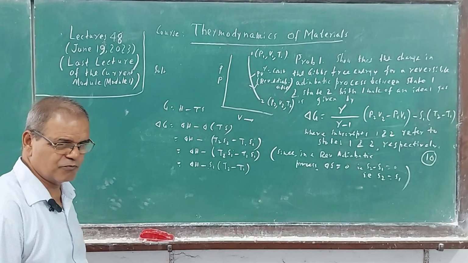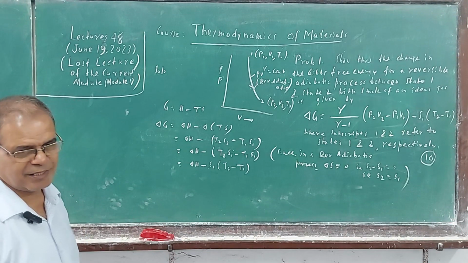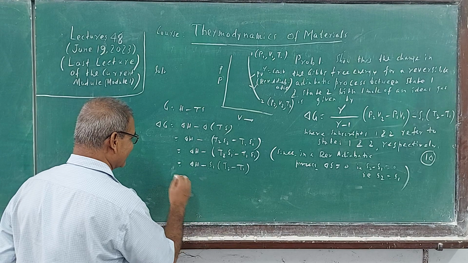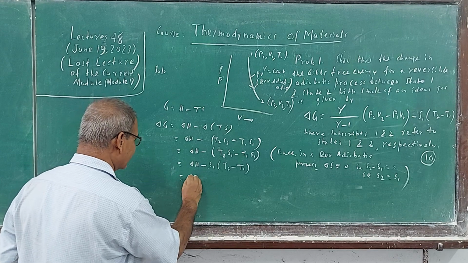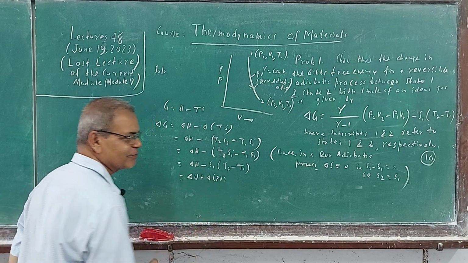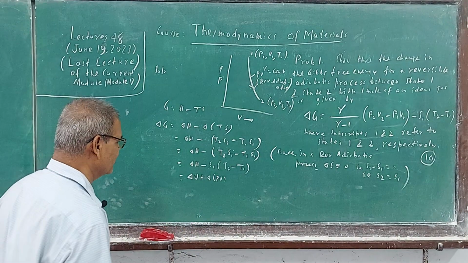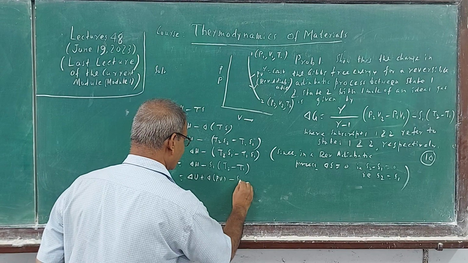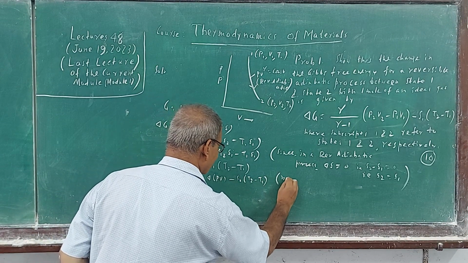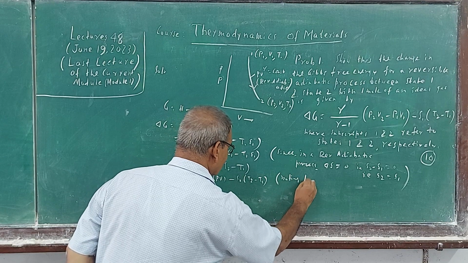So delta H is what? Delta H is delta U plus delta PV, H is U plus PV, minus S1 (T2 minus T1). Noting H is U plus PV.